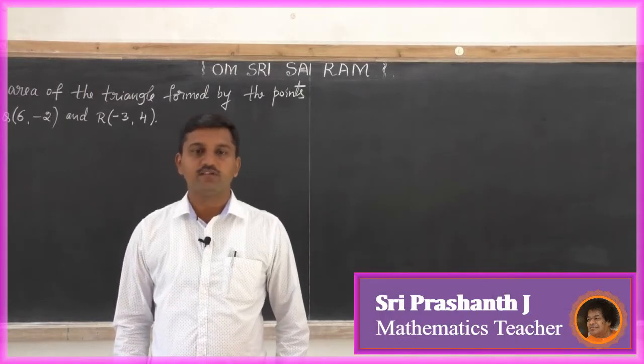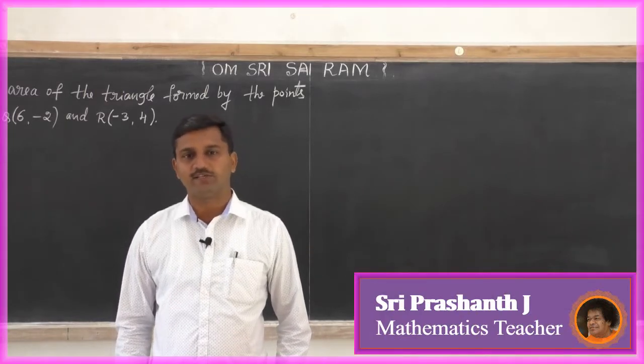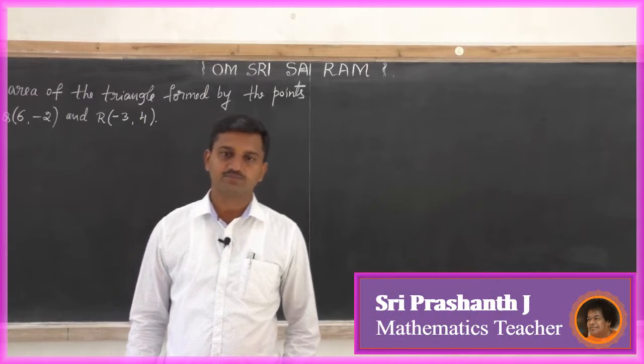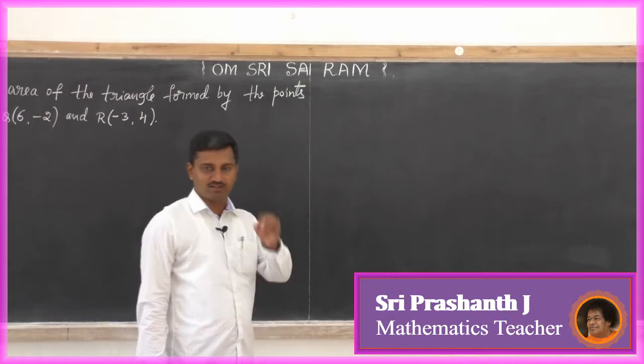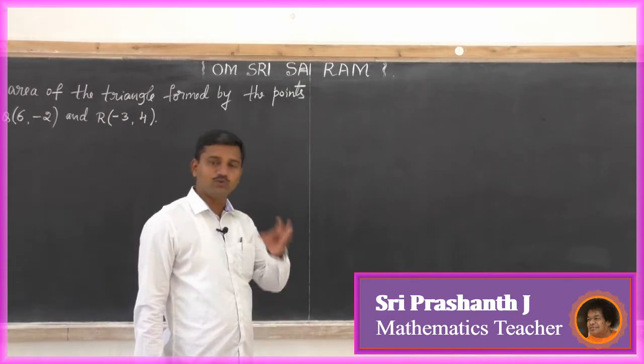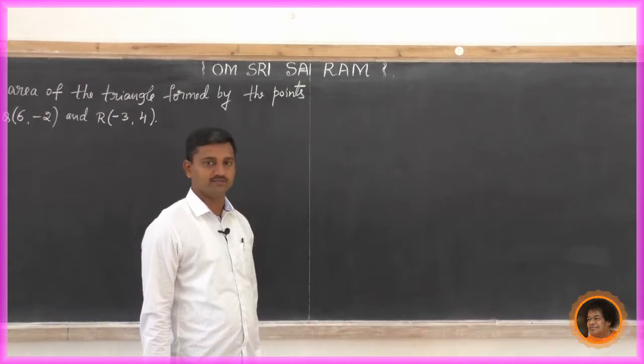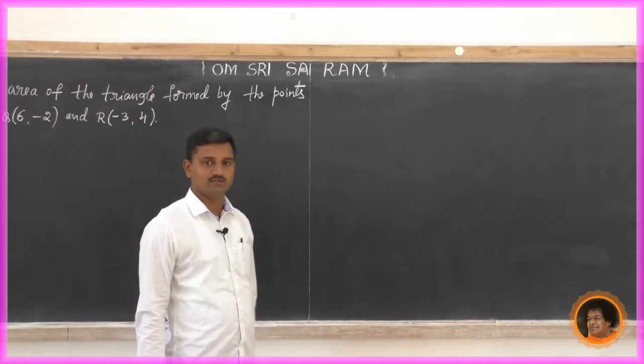In the previous session, we discussed some problems related to the area of a triangle. If the three coordinate points are given on a Cartesian plane, how do we find the area of a triangle? What is the formula?